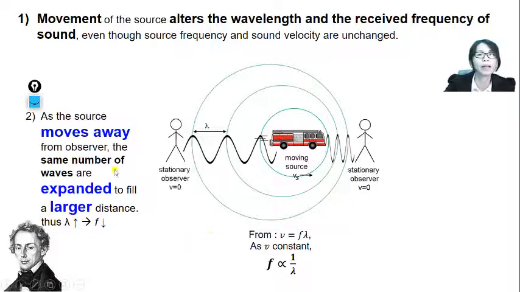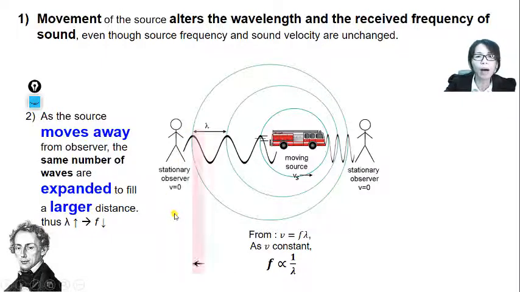So let us see. For the stationary observer on the left-hand side, as the source moves away from this observer, the same number of wavelengths are being expanded over a larger distance. See, the distance between the stationary observer and the moving source is larger.